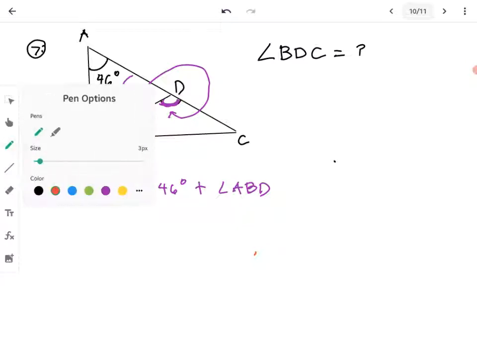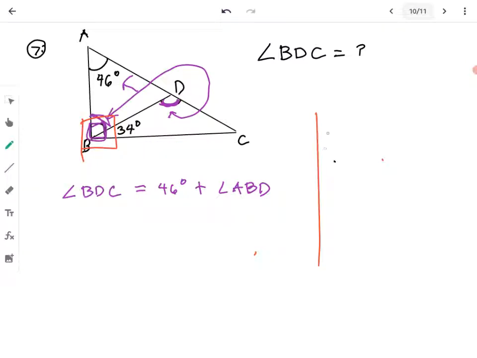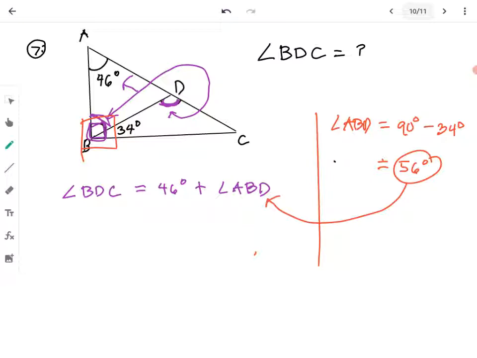So we say that angle ABD was 90 degrees minus 34 degrees. So what's that? 90 minus 34 is 56 degrees. This 56 degrees, we can replace here so that we can solve for angle BDC, which is our exterior angle.